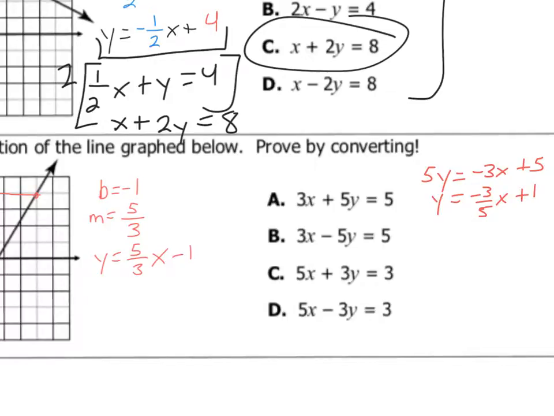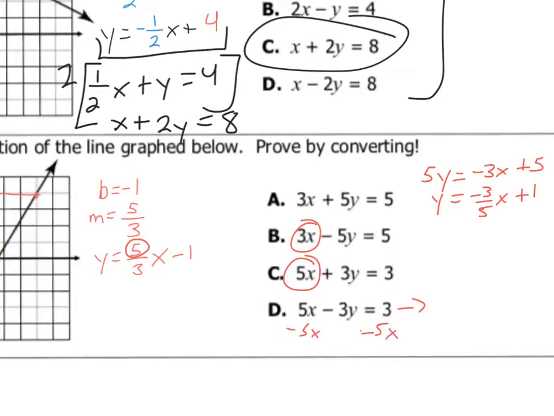And I probably know that this one isn't going to work because this one also has a 3 on the x. But if we look over here, our numerator is 5, so we probably want a 5 attached to the x. So let's try D. Let's see if D works. So with D, we would have to subtract 5x first.